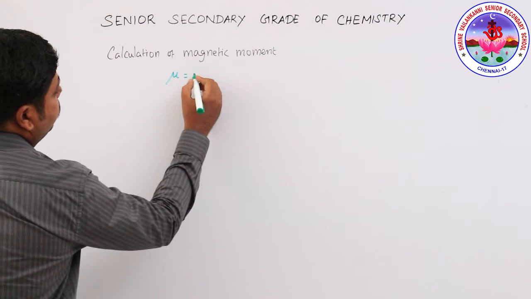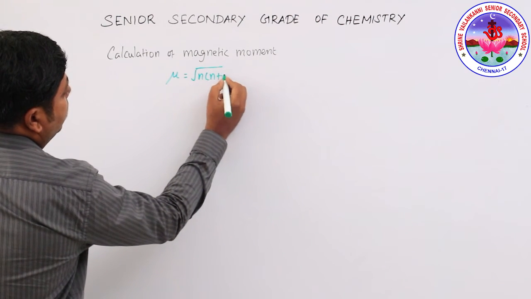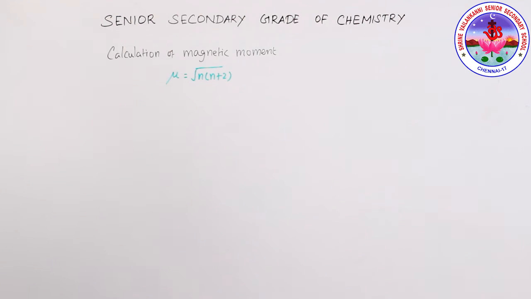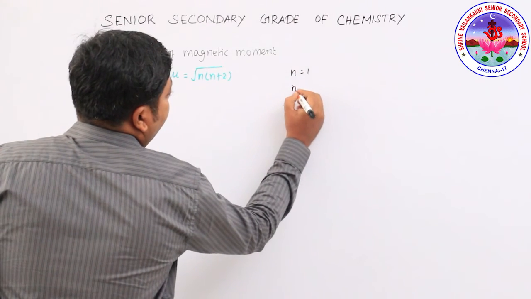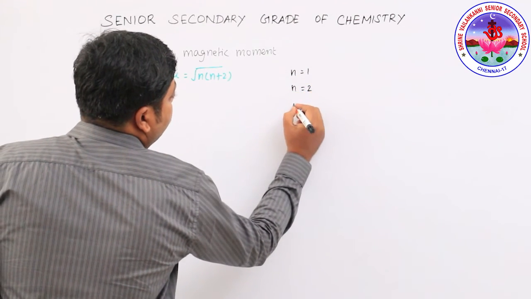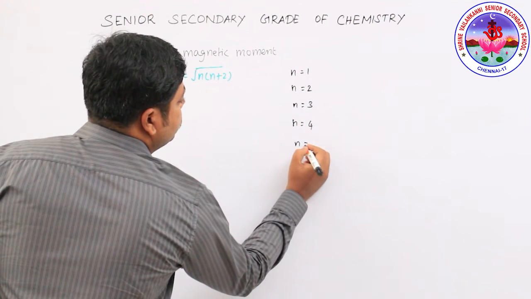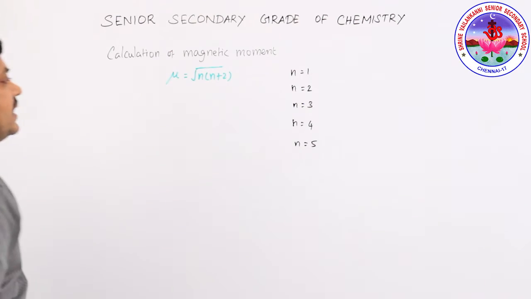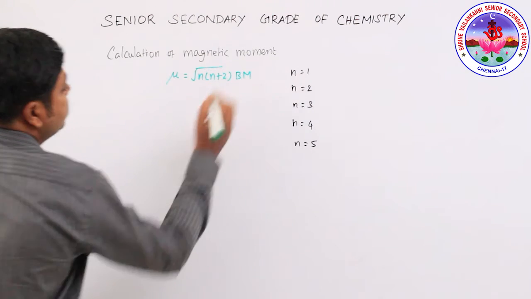So, mu is equal to root of n into n plus 2. Here the maximum possible number of unpaired electrons is n equal to 5. So, this is the formula, mu equals root of n(n+2) Bohr magneton, the unit being Bohr magneton.